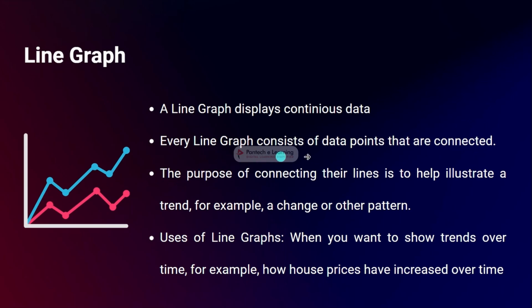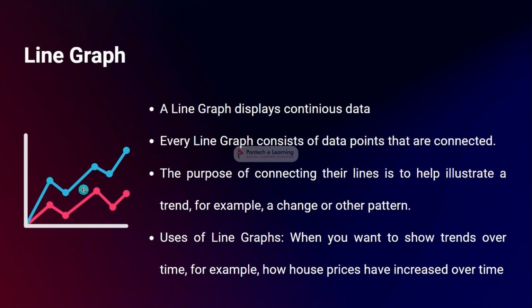Every line graph consists of data points that are connected. If you have multiple points, just plot them and connect them with a straight line, and you will get something like this. The purpose of connecting the lines is to help illustrate a trend. For example, we can see an increasing trend.